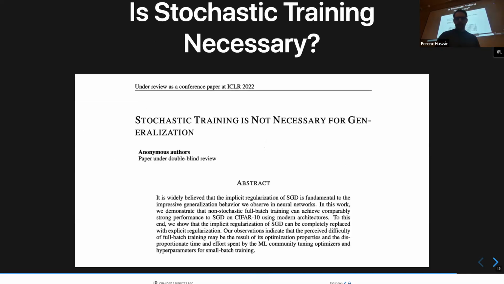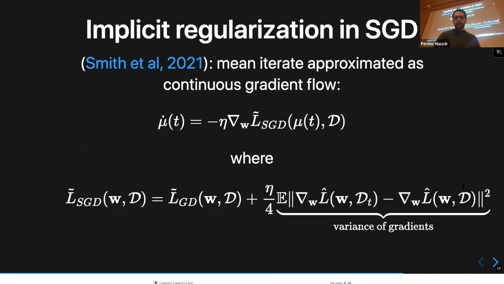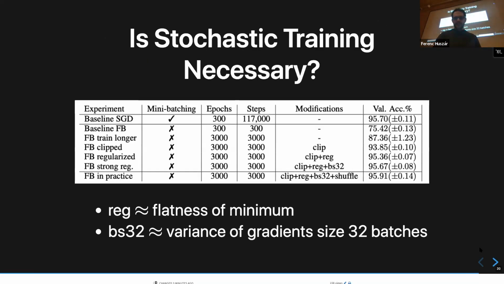So essentially, instead of implicitly running SGD, which implicitly does this, you explicitly code this up and make it your loss function. This is what the BS32 regularizer does. And that's when you get all the way to the top performance. You can actually beat baseline SGD with that.